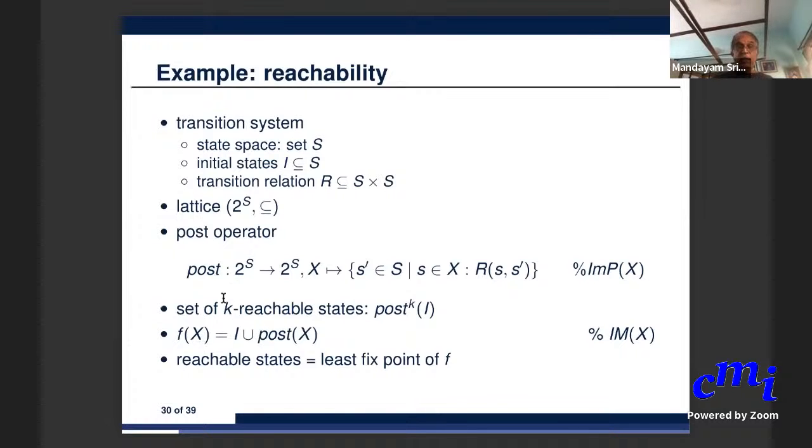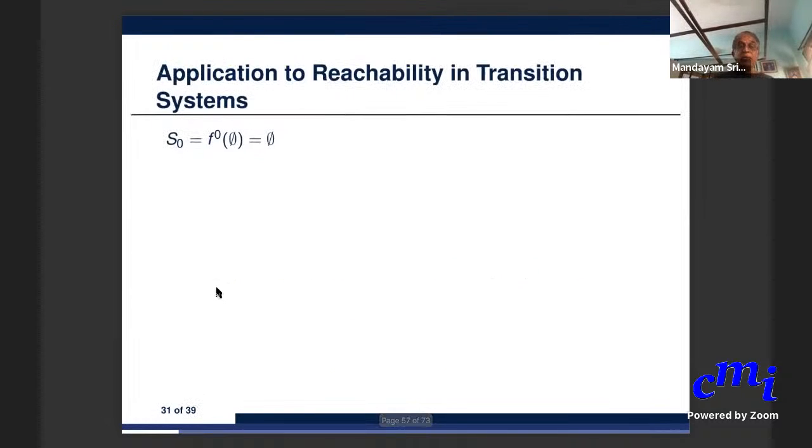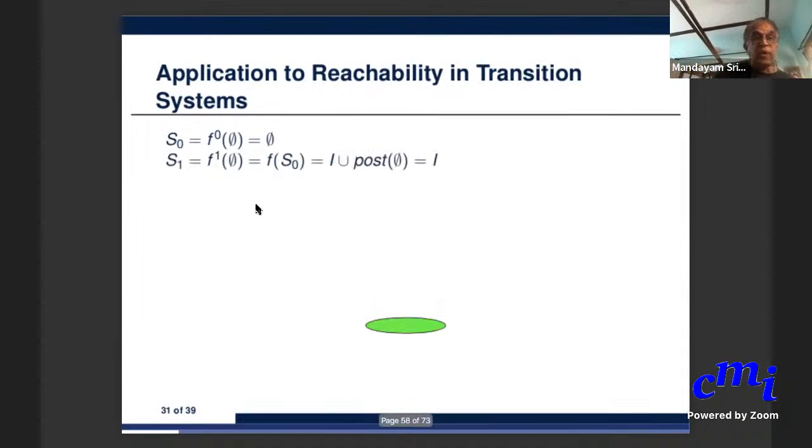Okay, you can kind of jumpstart it as shown here. We start with the empty set, and S naught is the empty set. F1 will be F applied to S naught, so that is I union post of S, and that's the initial state.